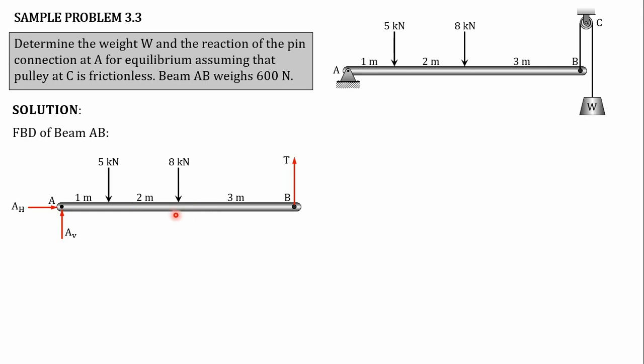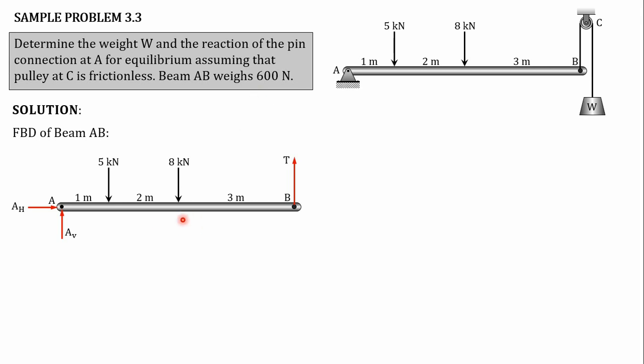So, may iba pa bang loading na dapat natin isali sa free body diagram ng beam AB? Meron pa, class. Beam AB weighs 600 Newton, or yung timbang ng beam AB is equal to 600 Newton. And the weight of the beam will act on the center of gravity of the beam, at the center of the beam.